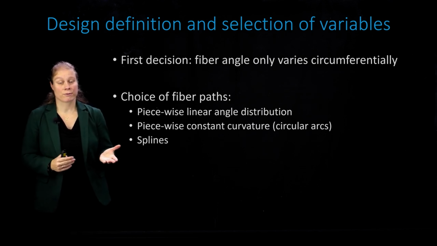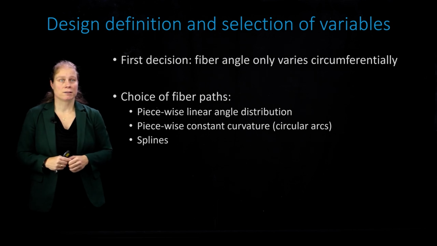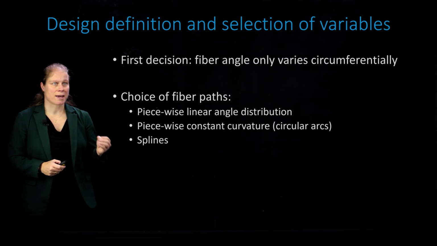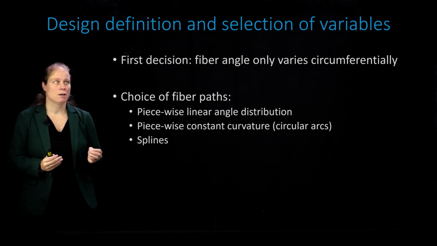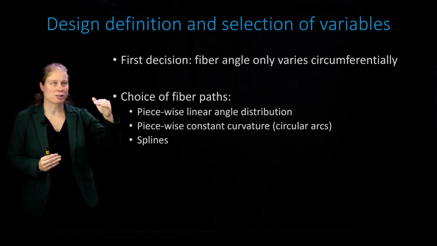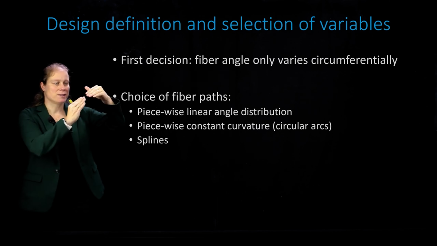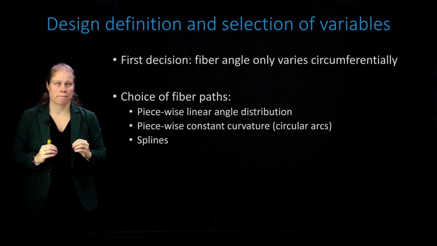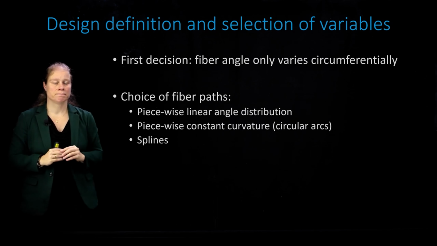So I started looking around, and based on some other literature, I thought, okay, I can have a piecewise linear angle distribution, and I will have a plot in the next slide. Or I can have a piecewise constant curvature distribution, which basically means I have circular arcs, and at the point where they connect, the fiber angle is going to be continuous, but the curvature will change.